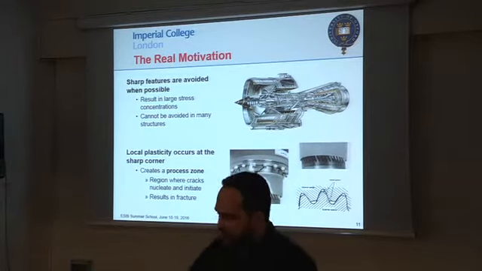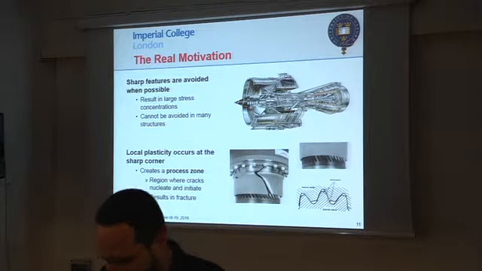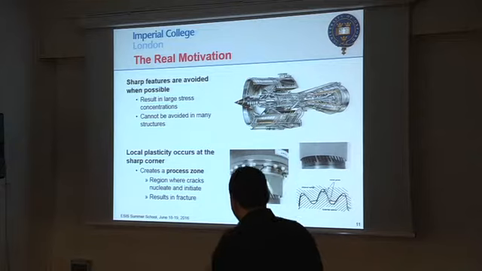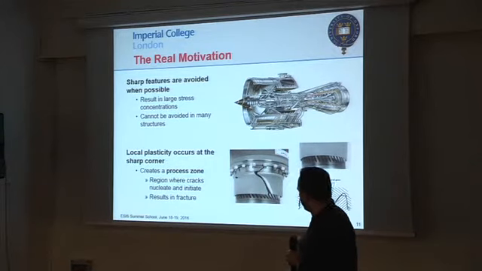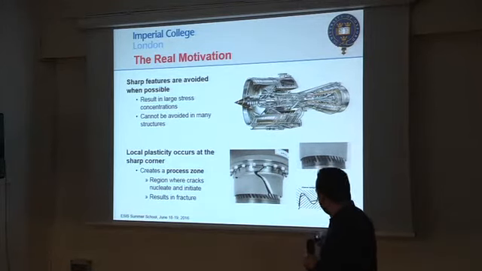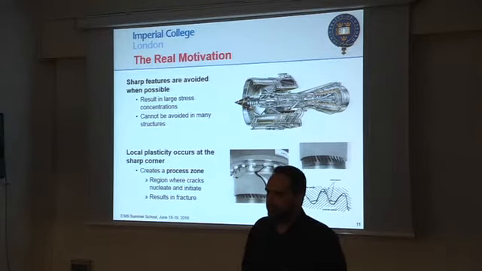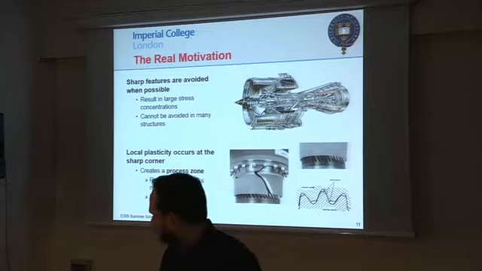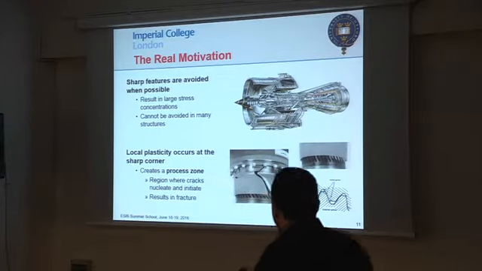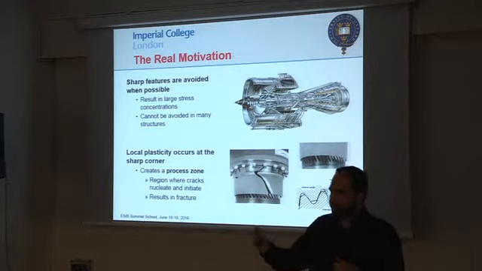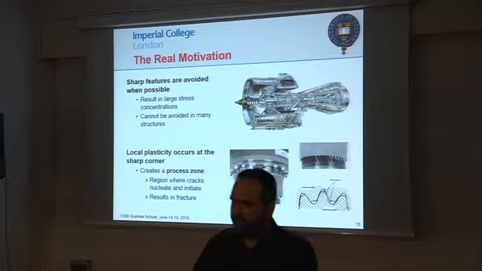So what I was interested in, and what most of the group in Oxford was interested in when I joined, was trying to understand fatigue failure that comes from a system where you've got some contact, be that the spline shaft, or the fan blade in contact with the disc. Most of these things happen because you've got very sharp features. Like here, you've got a very sharp corner. You've got a tooth going into the other.